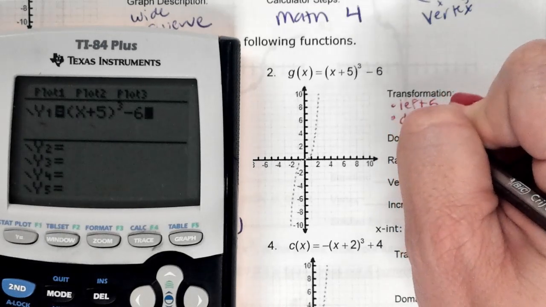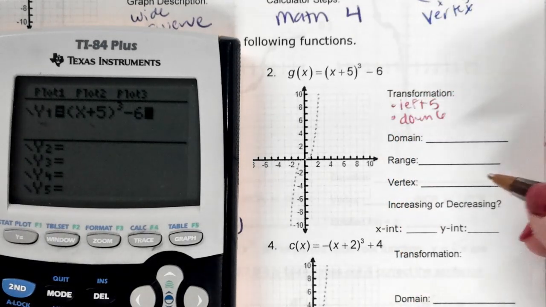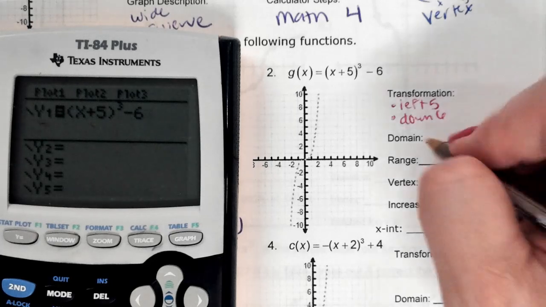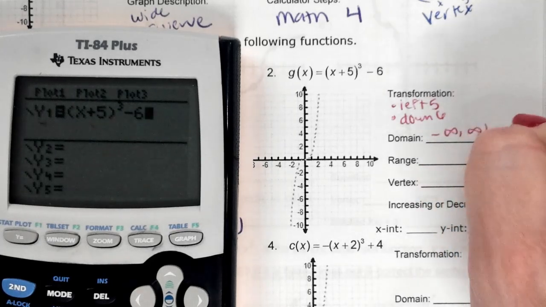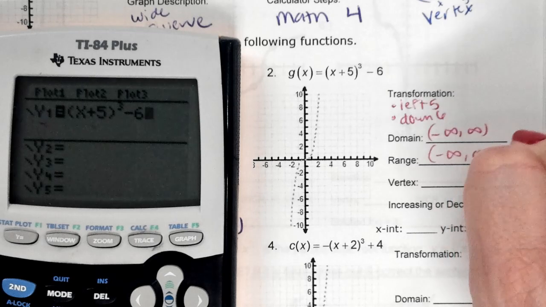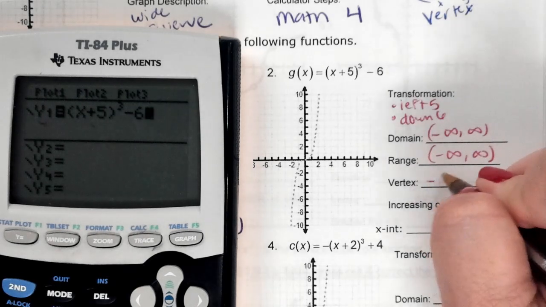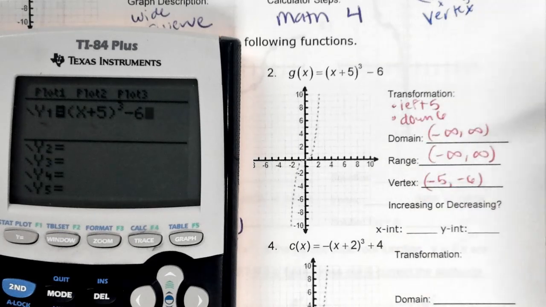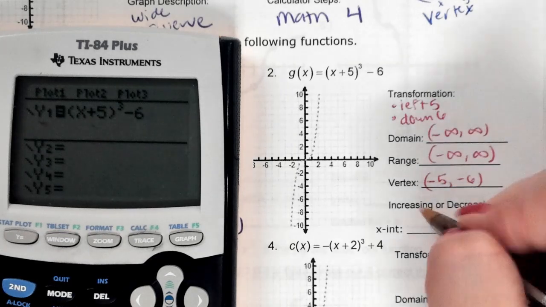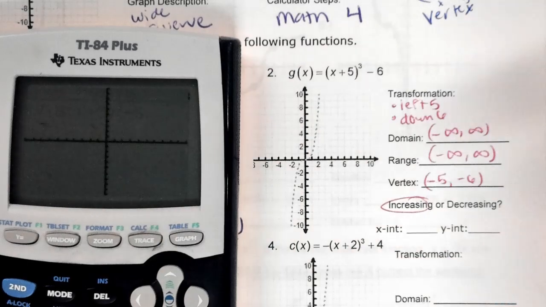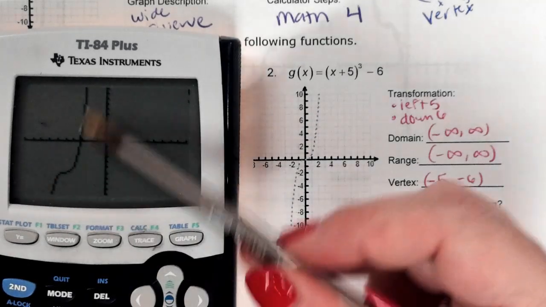Down 6. What's domain and range always for these? Cube or cube root, all real numbers, negative infinity to positive infinity. What's my vertex? (Negative 5, negative 6). Increasing or decreasing? Increasing. So if I hit graph, it's increasing from left to right.